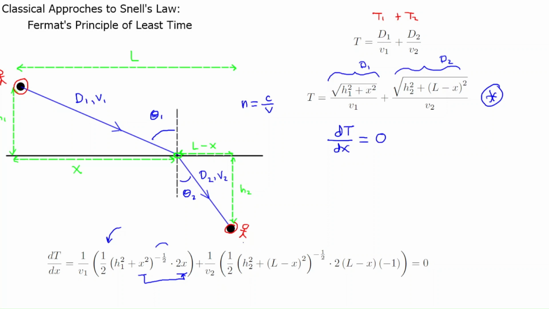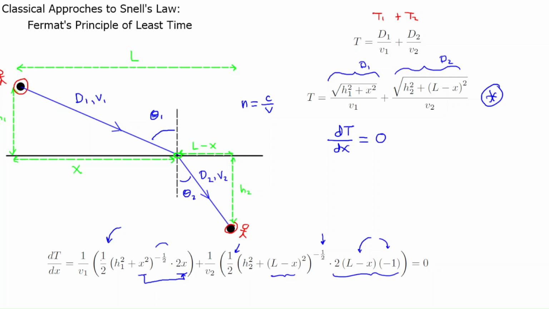We get a similar maneuver here with the 1/2 coming down, negative 1/2 power. Then we want to take the derivative of the insides with respect to x. For the second term, the chain rule gives us 2 times the grouping L minus x, and then x has a negative 1 coefficient, so that chain rule negative 1 comes out. Before we go to the next step, we're going to see a lot of nice things happen here.